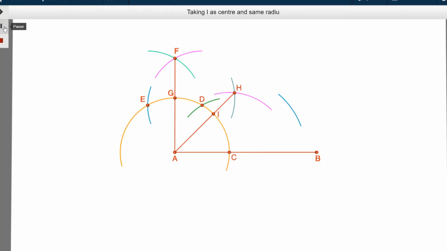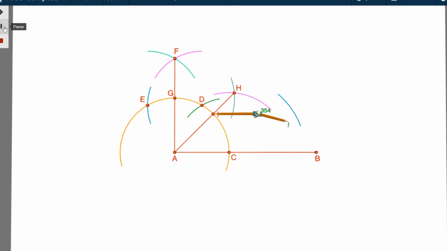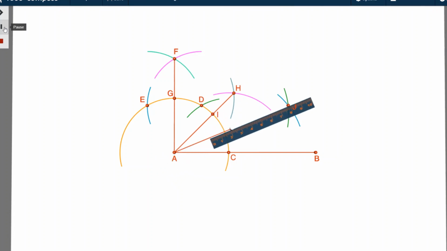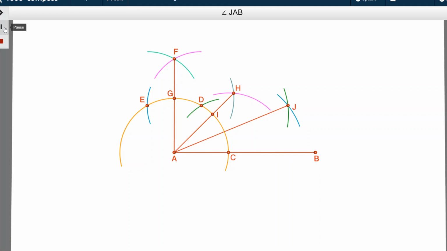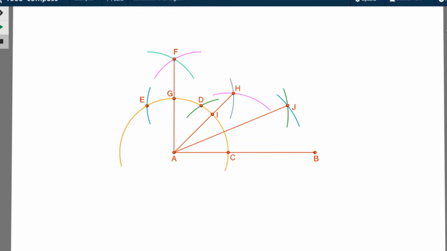With center I and the same radius, draw an arc to cross the previous arc at some point, say at J. Now join AJ. Now angle JAB is 22.5 degrees, that is half of 45 degrees.